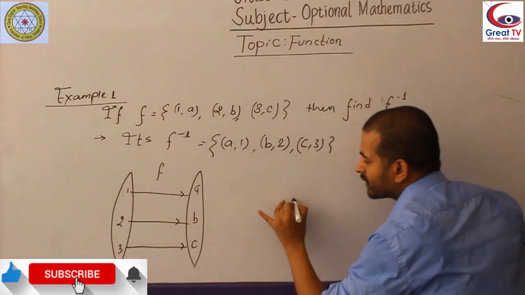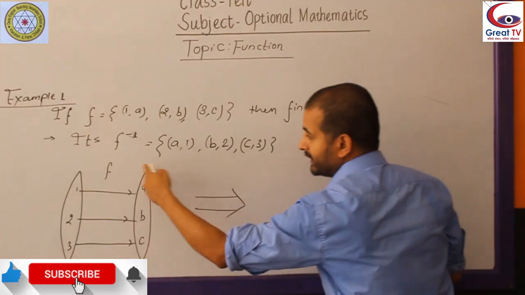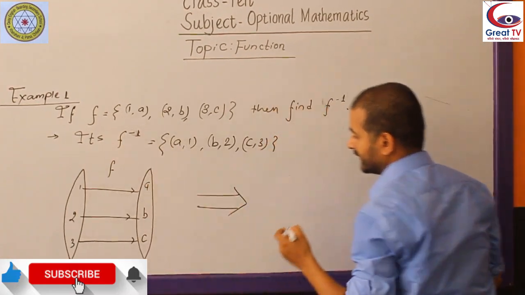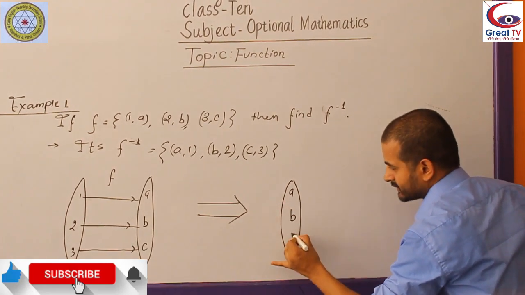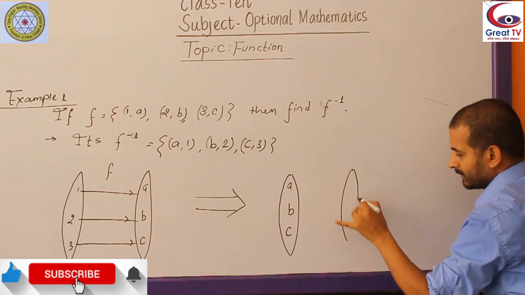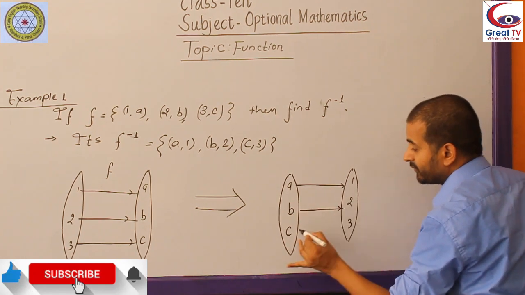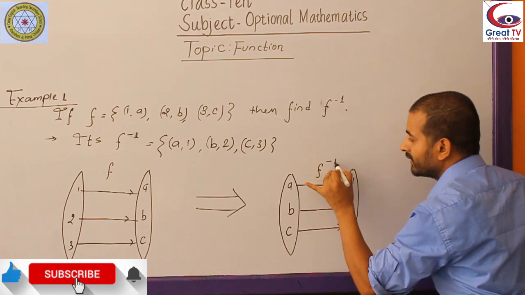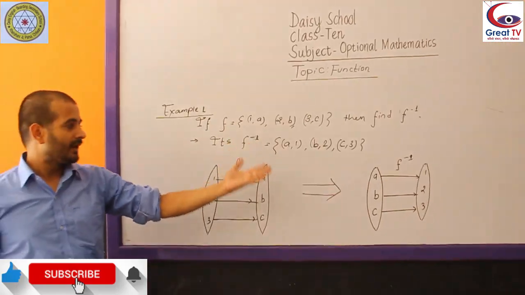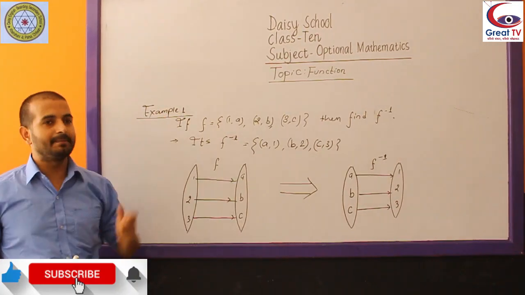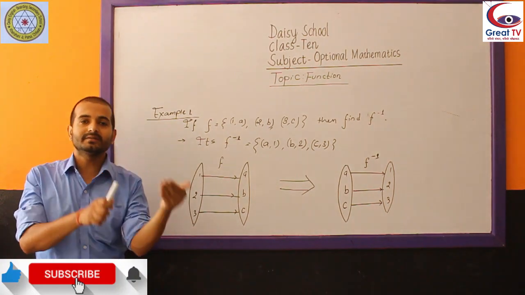Now we are going to present its inverse, from B to A. That is a, b, c to 1, 2, 3. This relation is called f inverse. So this is how we can represent inverse functions in ordered pairs and in the mapping diagram. This is the first example. Now I am going through the second example of algebraic functions and their inverse.